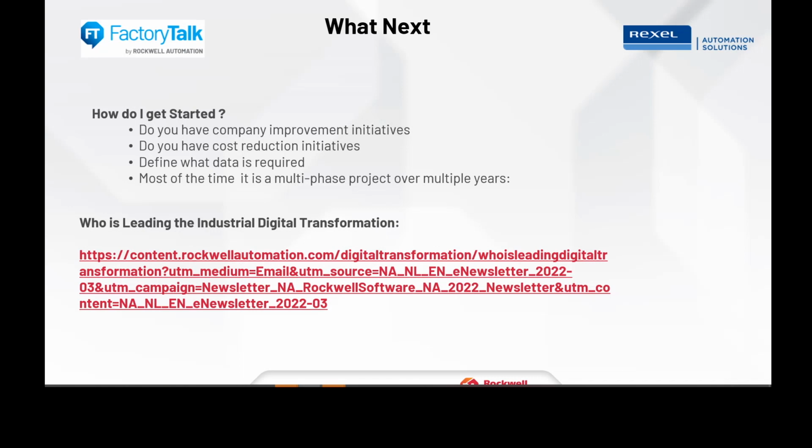Most of these are multi-phase projects over multiple years. It's not something you're gonna do in 1 year. So you're probably looking at maybe a 3 to 5 year kind of project to make some process improvements or production improvements.